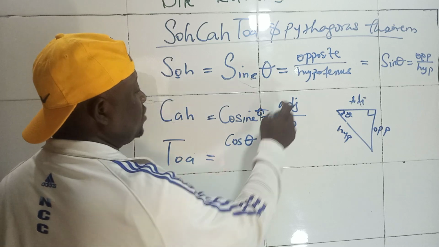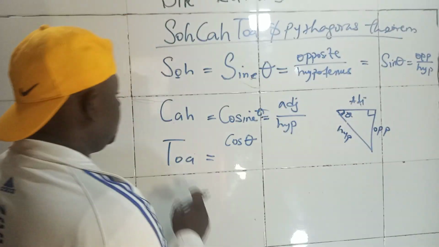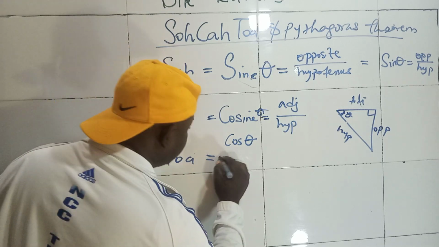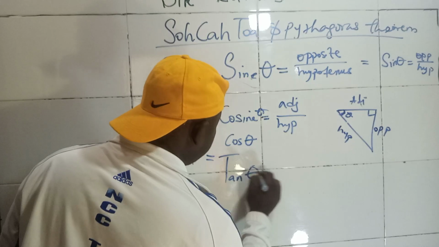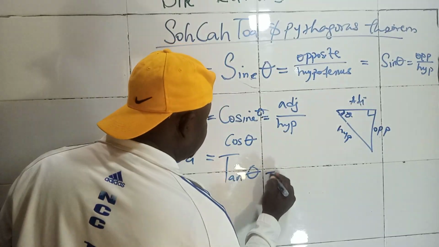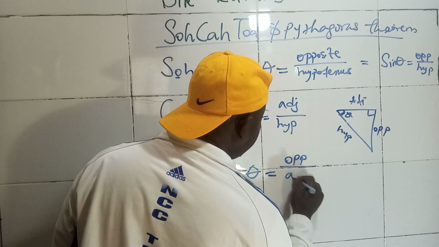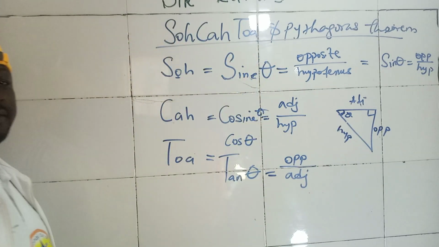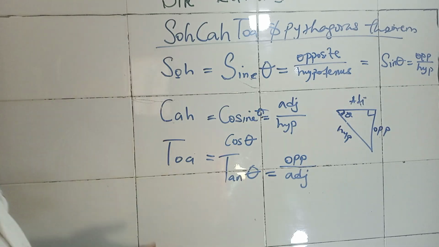You can say cos theta is equal to adjacent over hypotenuse. You are still saying the same thing. So T-O-A now, we have tan, that is tangent. So tan theta, tan of this angle is equal to opposite all over adjacent. In that way, we have explained SohCahToa.